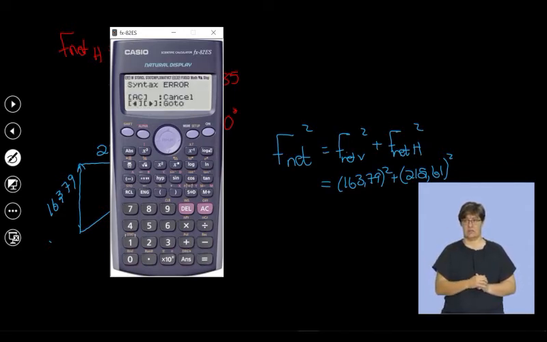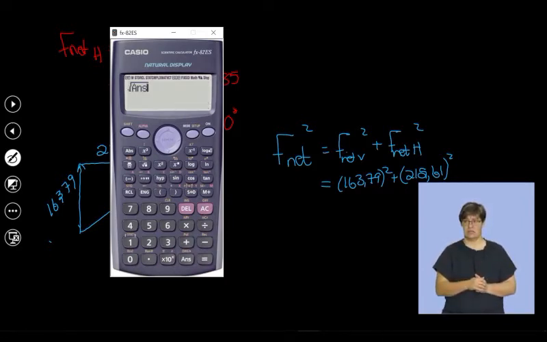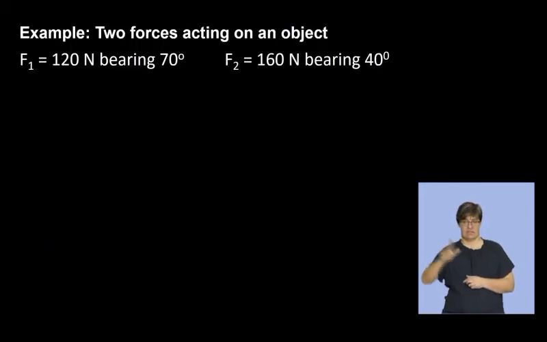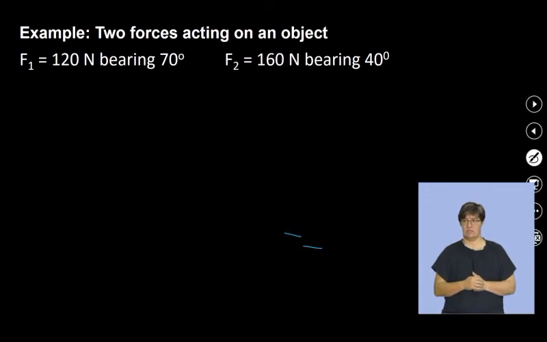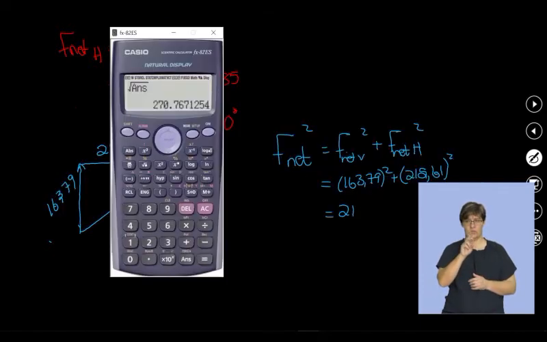Let's do that again. 163.79 squared plus 215.61 squared. We have an answer, but I need to square root it. So I'm going to square root the answer, and I get 270.77. Let's just check again: 270.77.